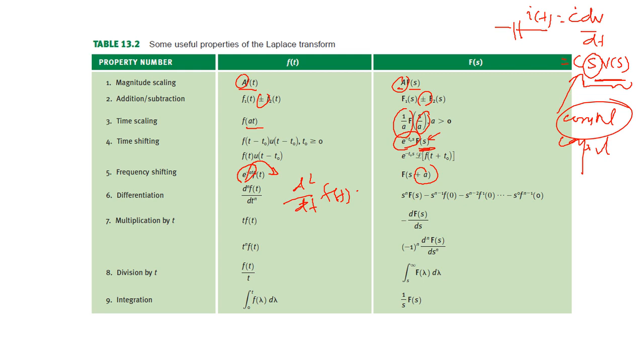There would be two subtractions: d by dt of f of t at t equal to 0, and then another of f of 0 here. So we are having two subtractions here.